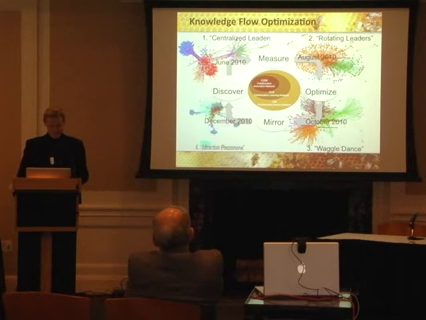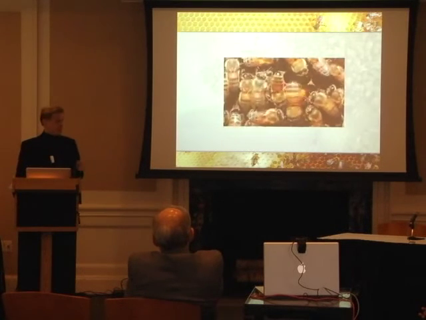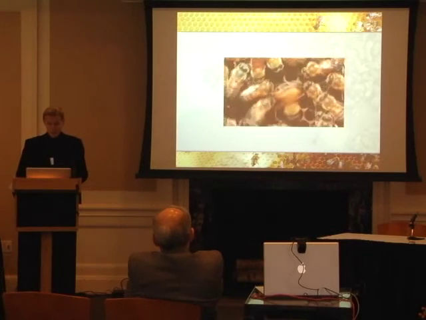So that's step number 3. And then the bees, they do another thing. They make the destination attractive by spreading attraction pheromone, and people do the same. And so those 4 steps we can measure very nicely, and I will illustrate that by the example of the 5 variables.